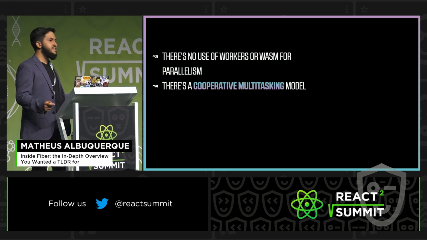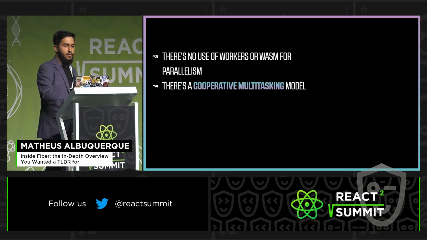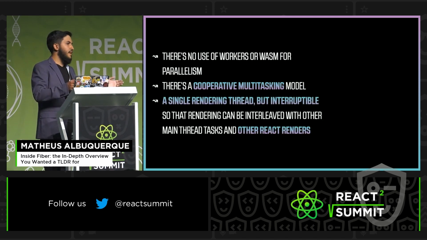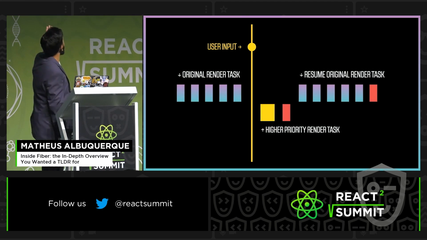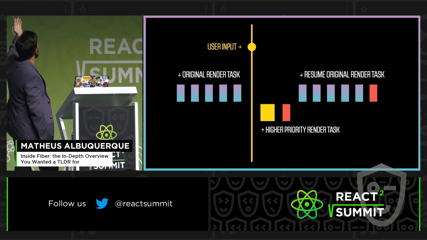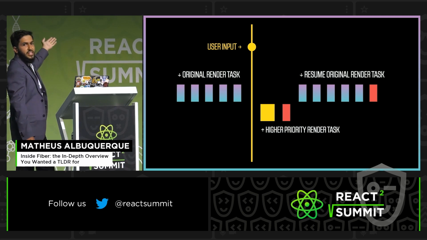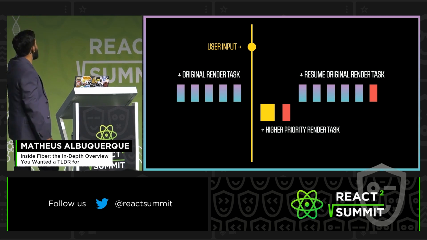So what we have is this cooperative multitasking model where you have one single rendering thread, but it's interruptible, and rendering can be interleaved with other tasks, and those other tasks could also be rendering tasks. So in our example, it's like this. We had this original render task, and then we had this user input that, of course, has high priority, so that the UI is responsive.